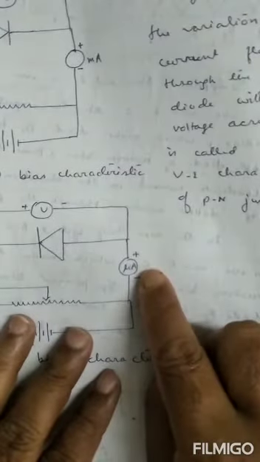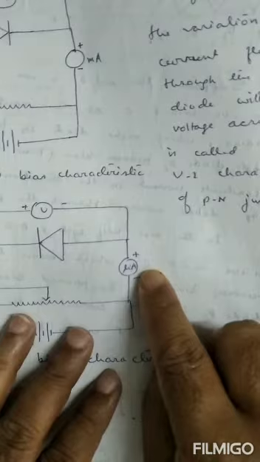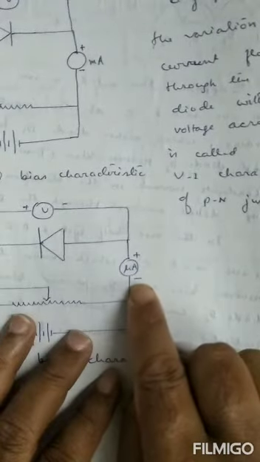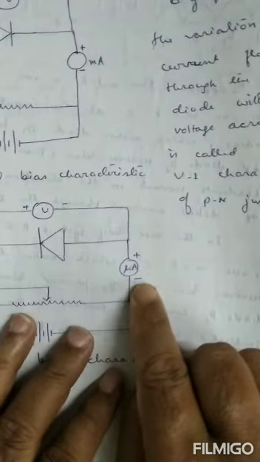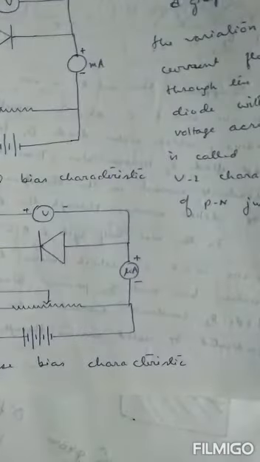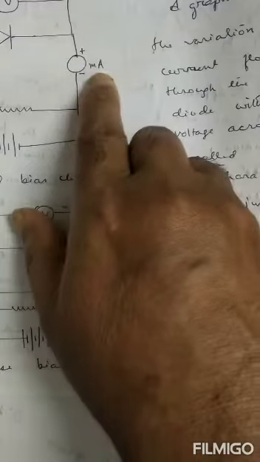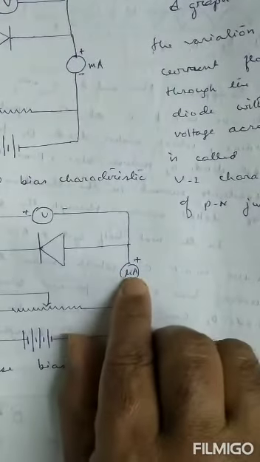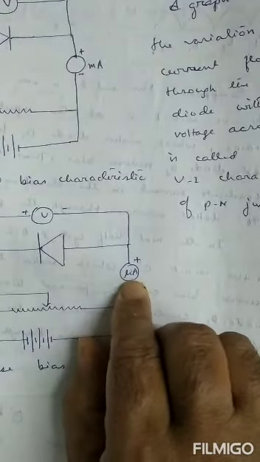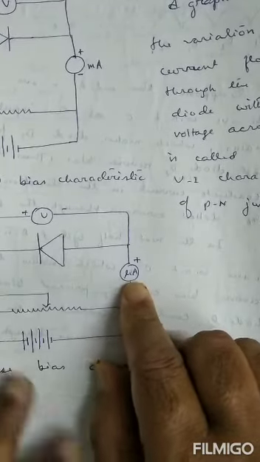And this ammeter reads the current passing through the junction, which is of the order of microampere range, because reverse bias current is very small as compared to that of forward bias current. You see, forward bias current is in milliampere and reverse bias current is of the order of microampere.